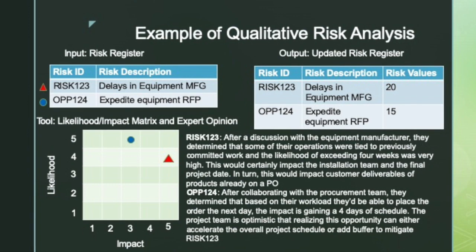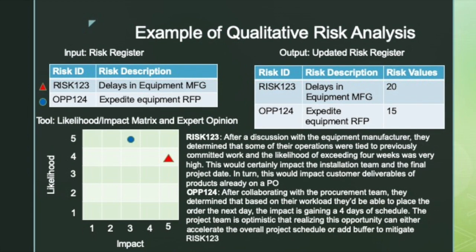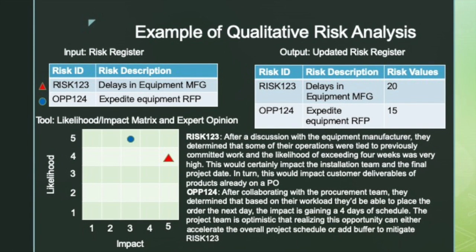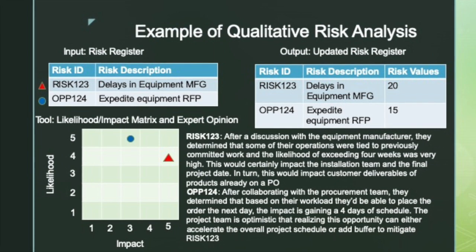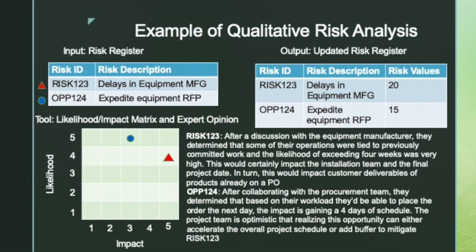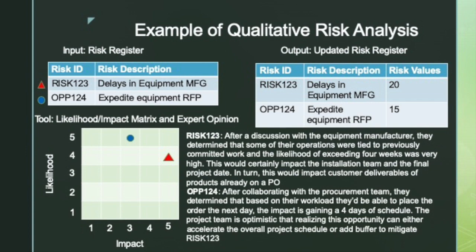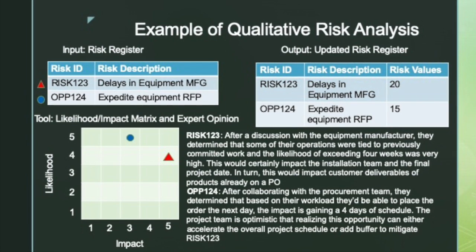In the case of risk 1, 2, 3, after discussion with the equipment manufacturer, they determined that some of their operations were tied to previously committed work, and the likelihood of exceeding 4 weeks was very high. This would certainly impact the installation team and the final project date. In turn, this would impact customer deliverables of products already on a PO, so we have a high impact.